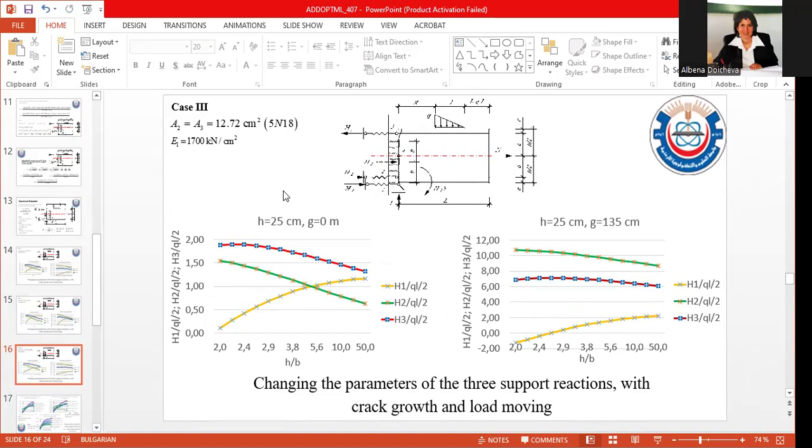Again, H1 is smaller than case 2 where we have high strength concrete, and H2 and H3 are bigger because we have 5 reinforcement bars for the top and bottom position.